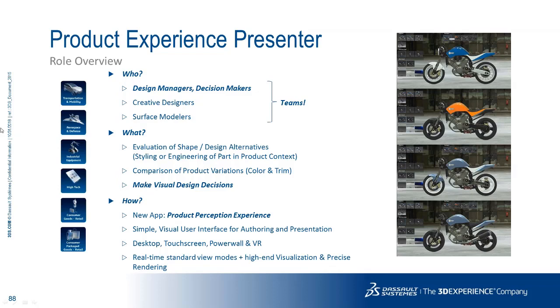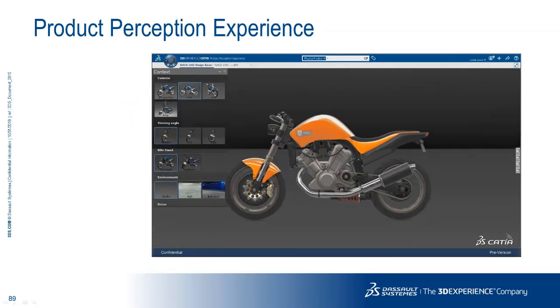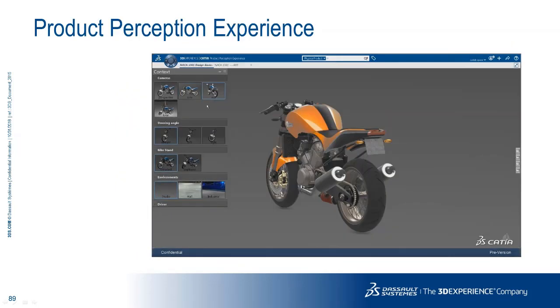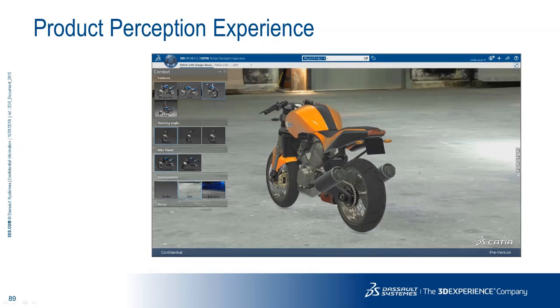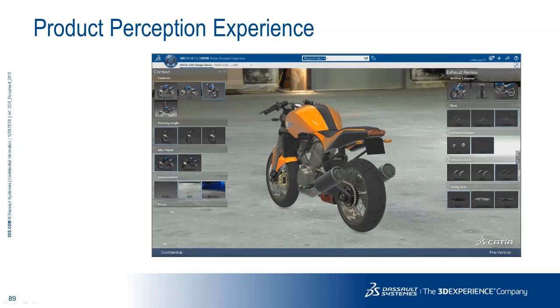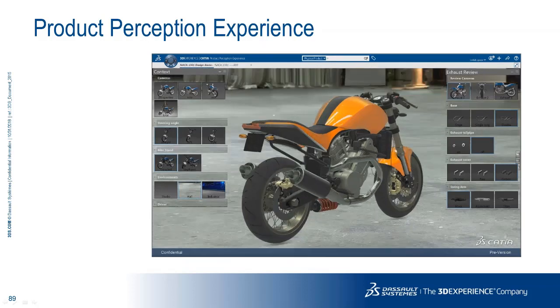Okay, so let's take a look here. So you can see our motorcycle here, and to the left and right we have different cameras. We have different parts that we can exchange.